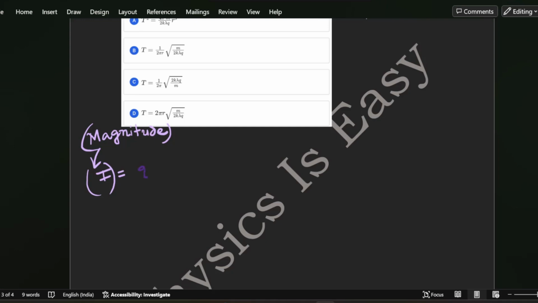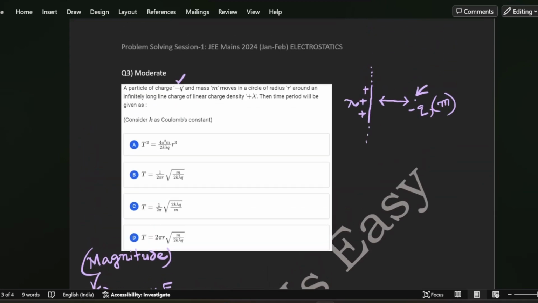Okay, so the force here will be charge times electric field, and I hope you remember this.